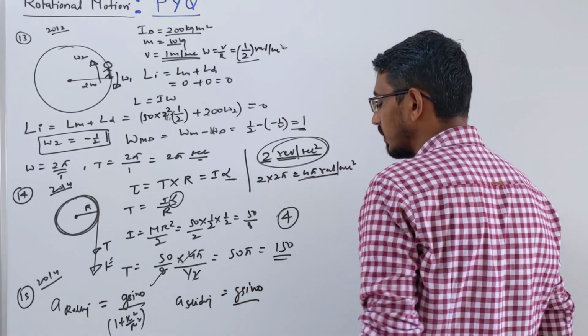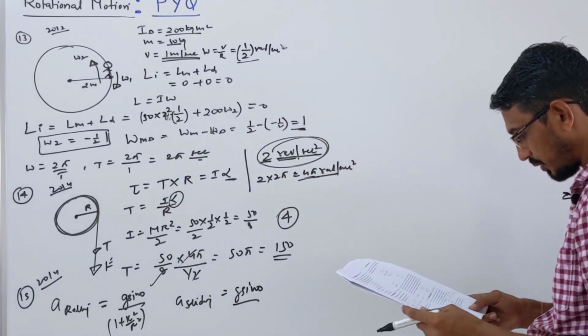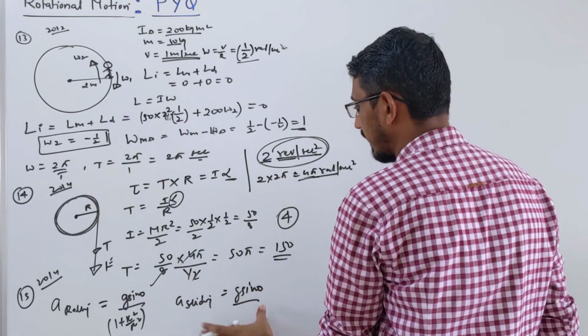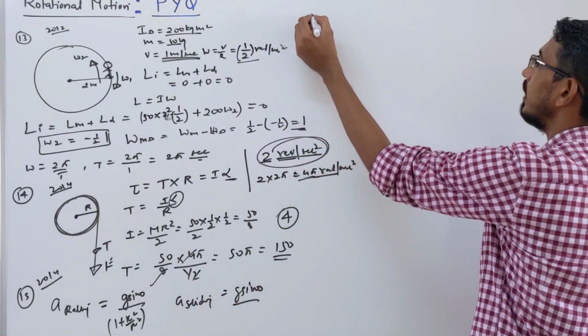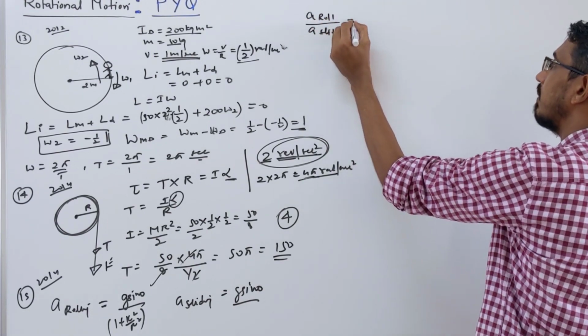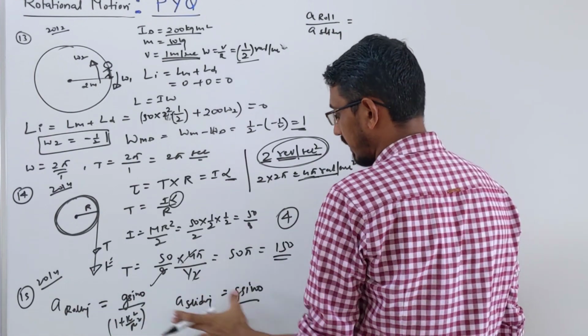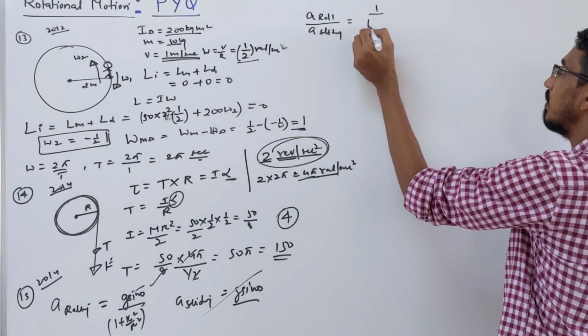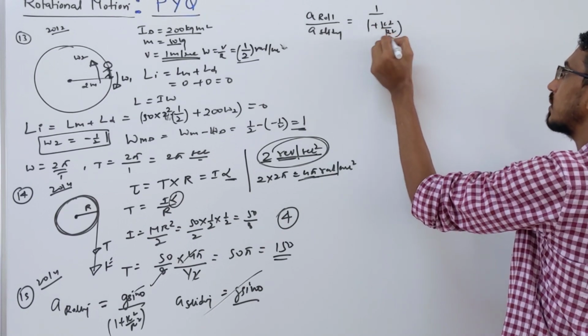This much only. So what is the ratio they are asking? Rolling towards slipping, means this by that. So acceleration of rolling by acceleration in the case of sliding or slipping, and that term goes here. So it simply becomes 1 upon 1 plus k square by r square.